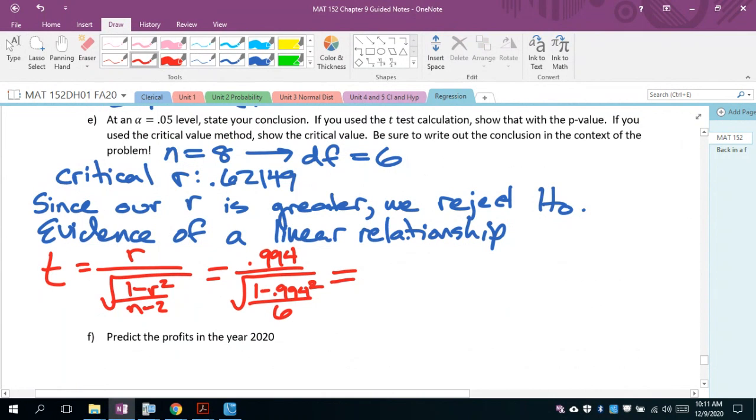So if we do that in our graphing calculator, we get 22.25. Basically, the p-value would just be 0. So it's just more evident that we would reject the null, and we have evidence of a linear relationship. All there is to it.